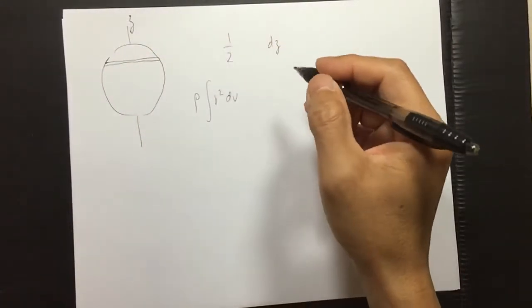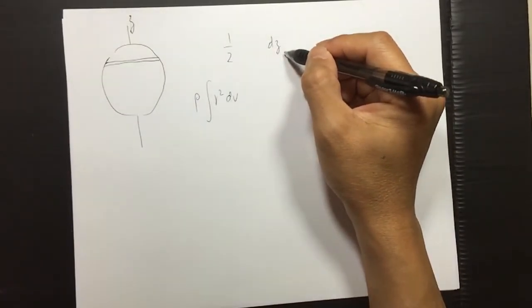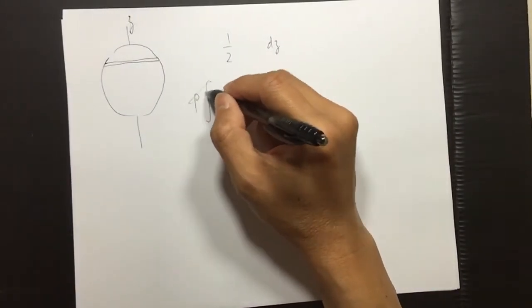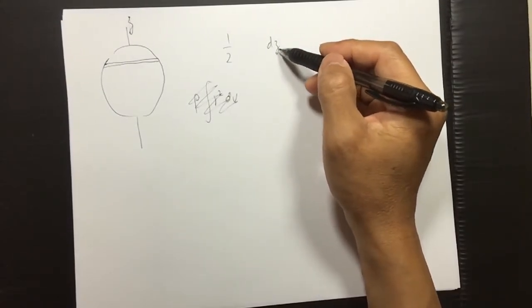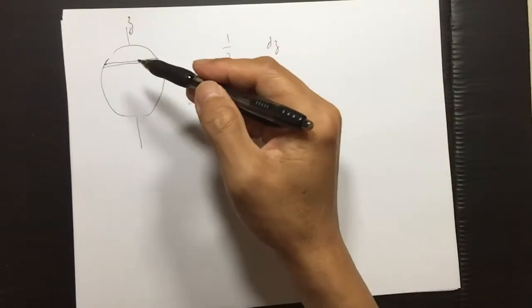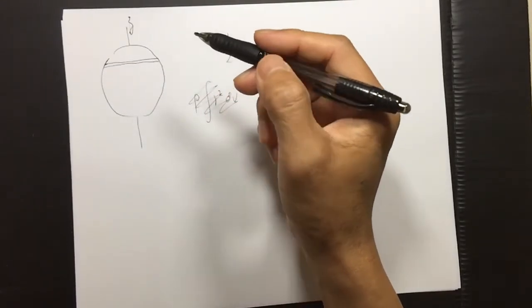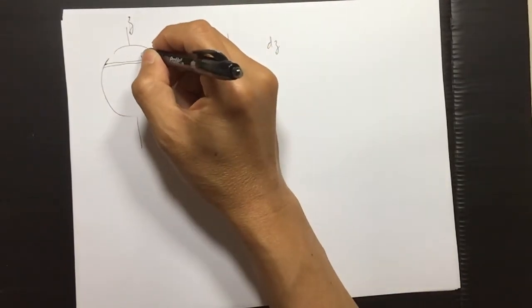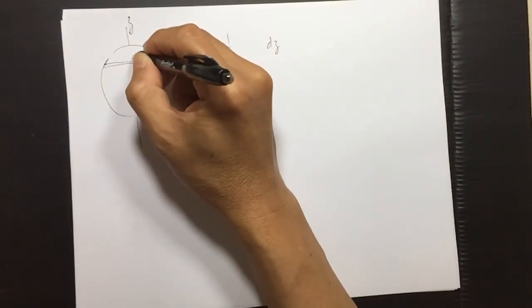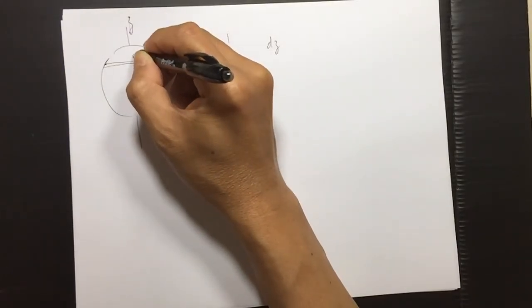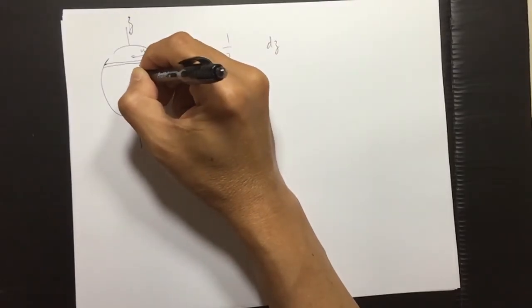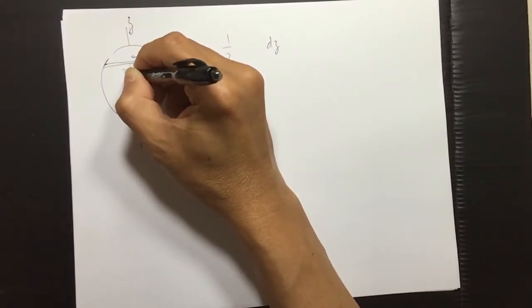For a disk, let's just call it the dz. For the dz, let's not worry about rho for a second. Let's just call this y, from here to here. This is z, this is the y.